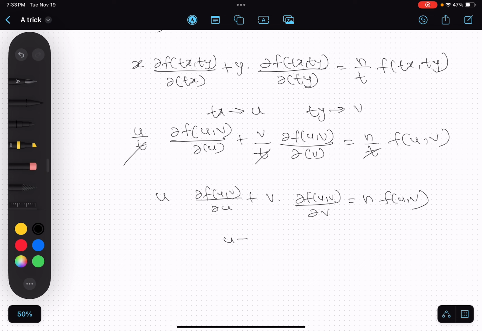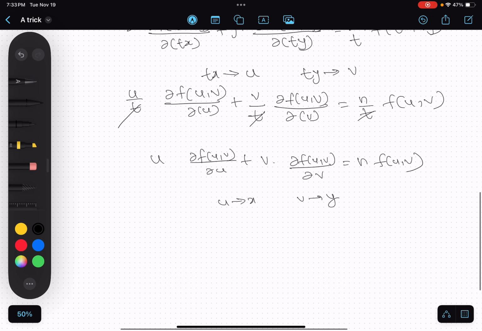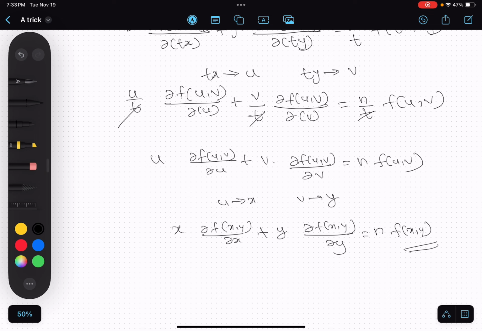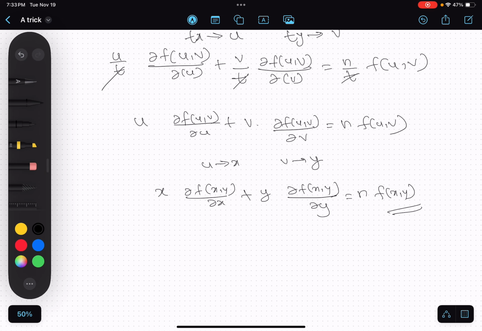So I can substitute u as x, b as y, and that will give me x times partial f of x comma y by partial x plus y times partial f of x comma y by partial y is equal to n times f of x, y. So yeah, we saw that.